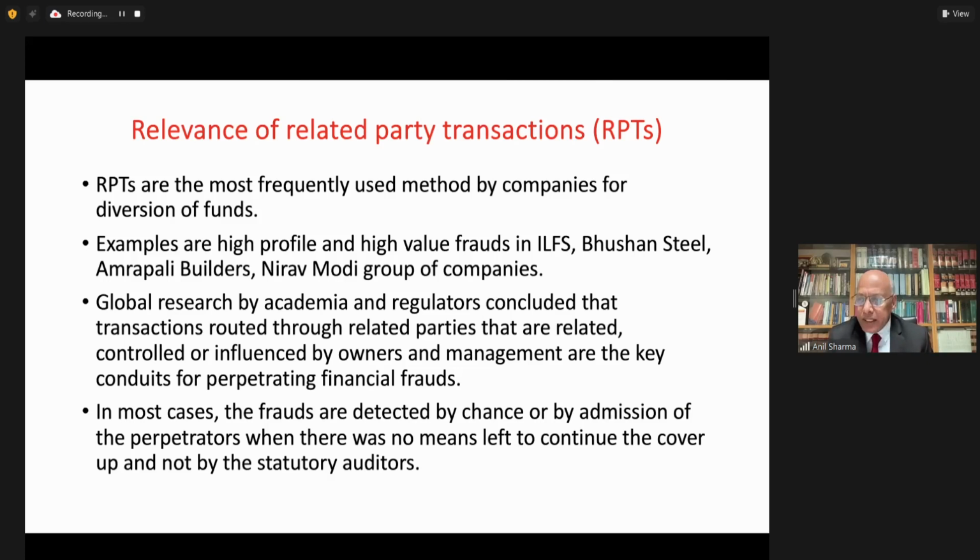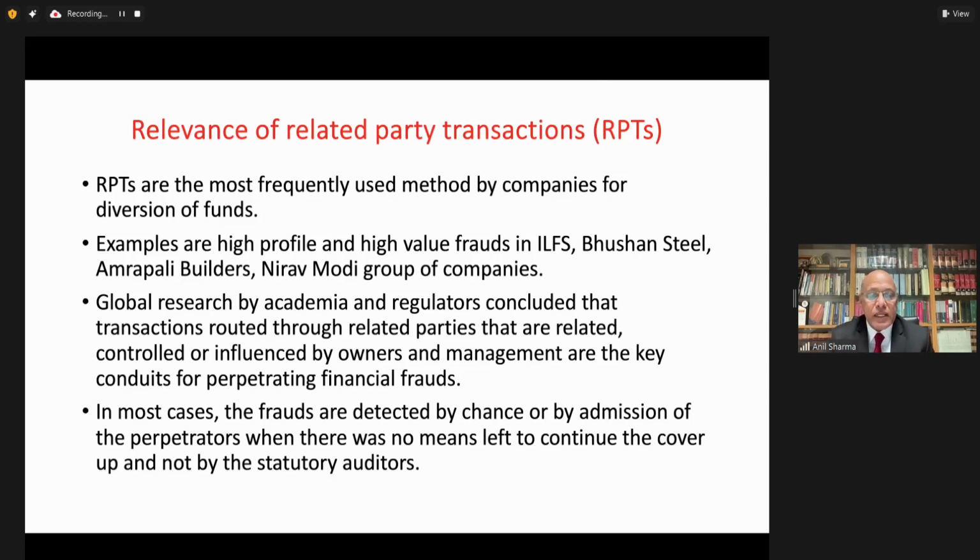Very surprisingly, in the examples I mentioned, high profile frauds where high value amounts were involved, like ILFS, Bhushan Steel, those frauds were detected by chance, or in some cases the perpetrators themselves admitted, as they had no choice at the end to explain what had happened.